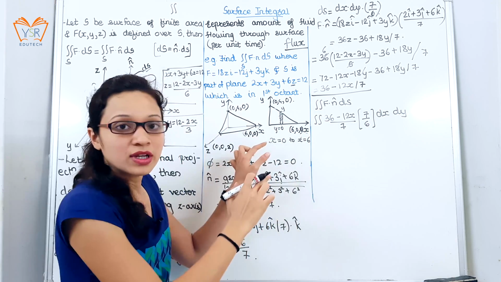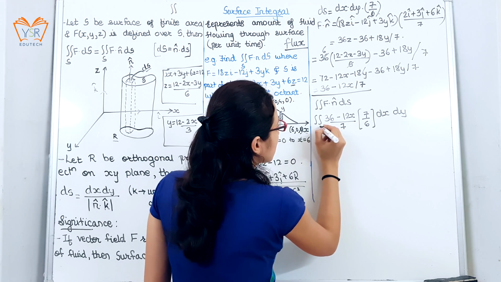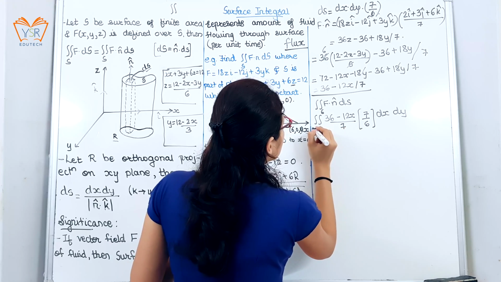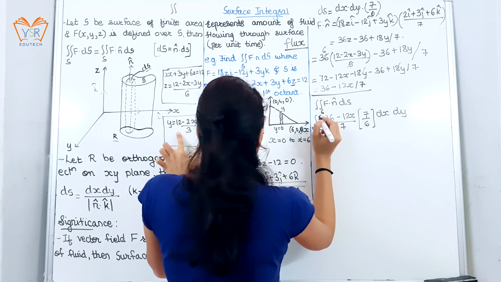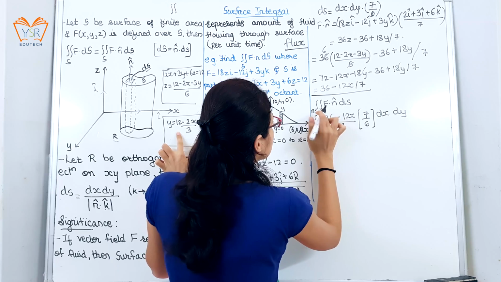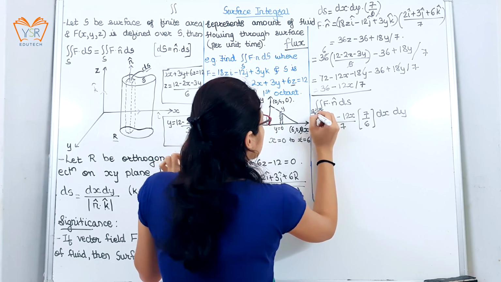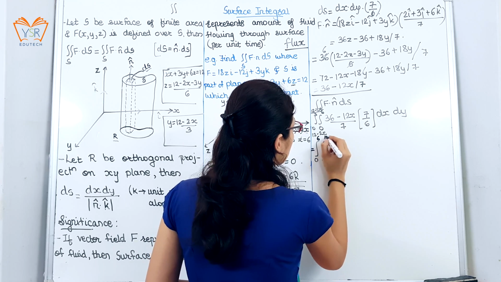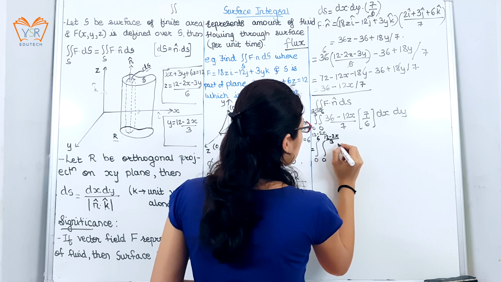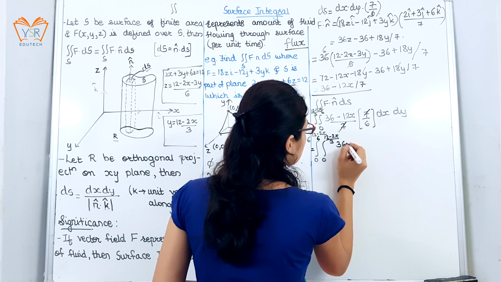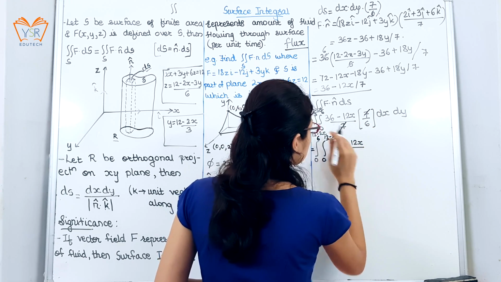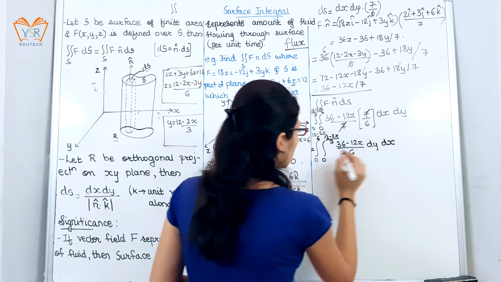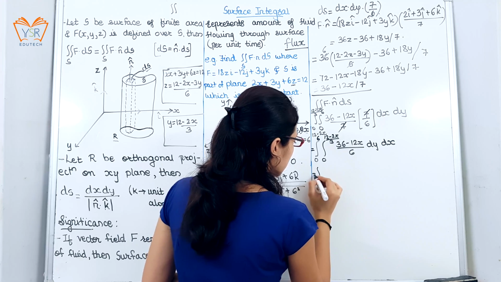And now we know the limits: 0 to 6 and 0 to (12 minus 2x) divided by 3. We will interchange the limits. This 7 and 7 cancel, leaving 36 minus 12x divided by 6. As the integrations are interchanged, here it will be dy dx. So we'll integrate it now with respect to y.